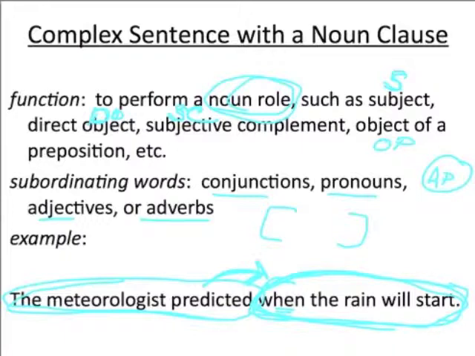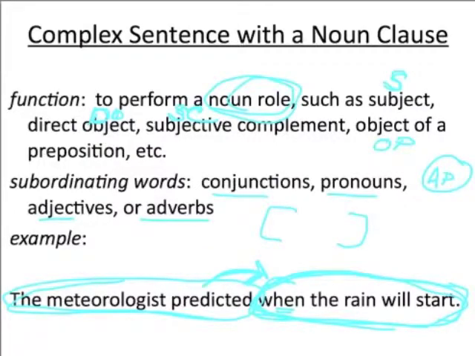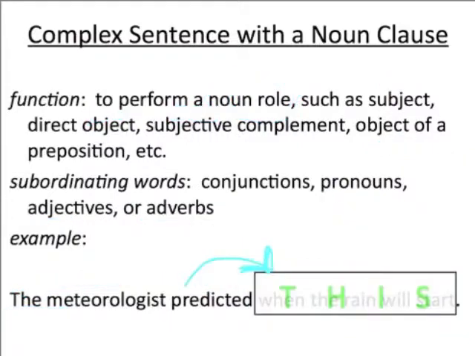Do you see if you replace when the rain will start with this, that you can see that it's functioning as the direct object exactly the way it's functioning as the direct object if we have the whole clause there with all those individual words? Okay, so the meteorologist predicted this.